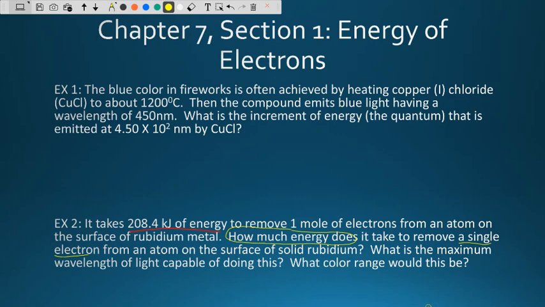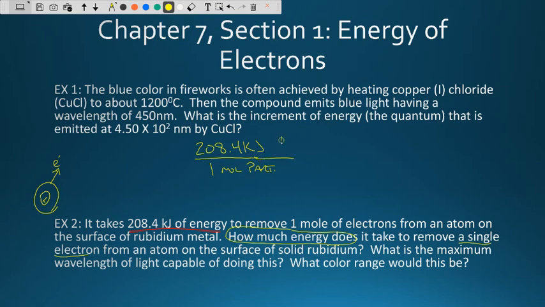Okay, so we have a couple of issues going on here. If this is my nucleus, I want to remove just 1 single electron off. And the question is, how much energy would that take? Well, I know that it takes 208.4 kilojoules to remove 1 mole's worth of particles, in this case, electrons.